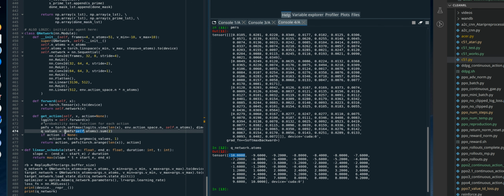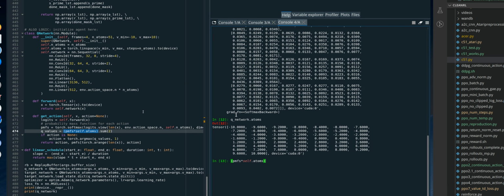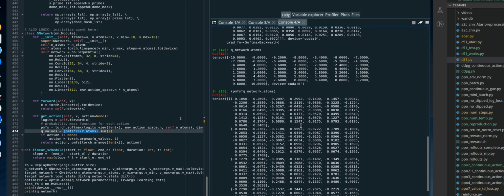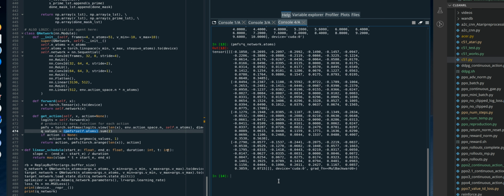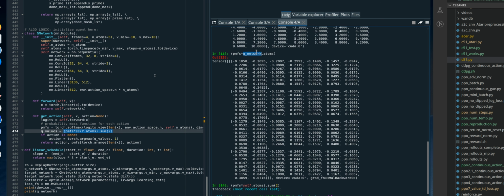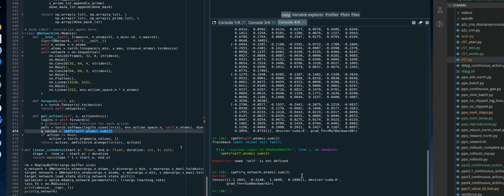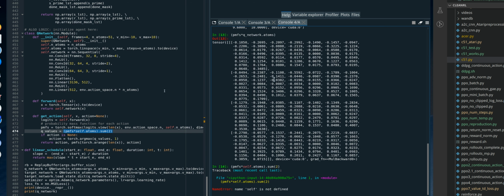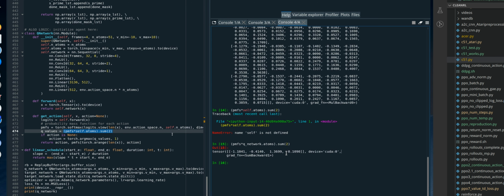The way you do it is you do this, which gives you the probability times the atoms, or the probability times the actual return, and then you sum it up. So it's sort of an expectation. I'm sorry, yes, the expectation. Now that you sum it up, this gives you the actual value of the current action, of the 4 actions, let's say. Right.